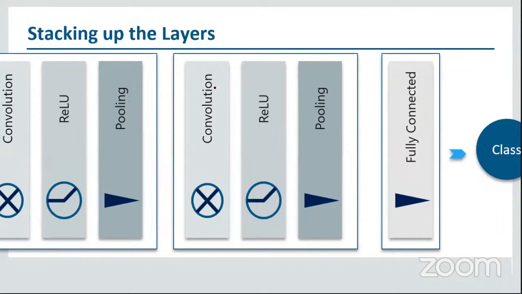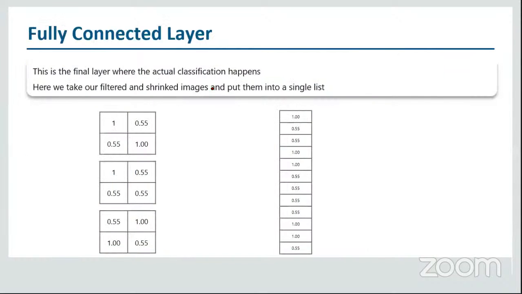Now what we do after this, let's see how it works in the fully connected approach. So this is your final layer, where the actual classification happens, whether whatever we shrunk, does it fit or not fit. So this is the value from my first, second, third. Let me put this, I am converting it into my ravel.